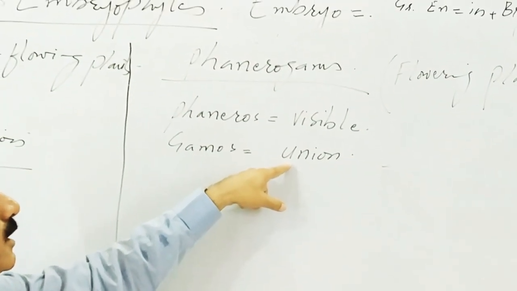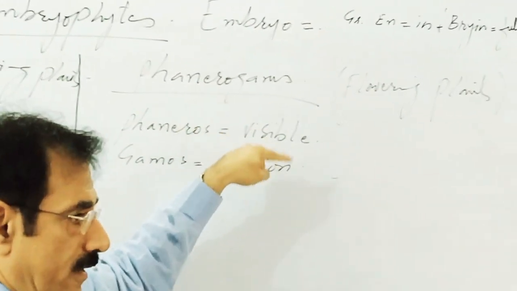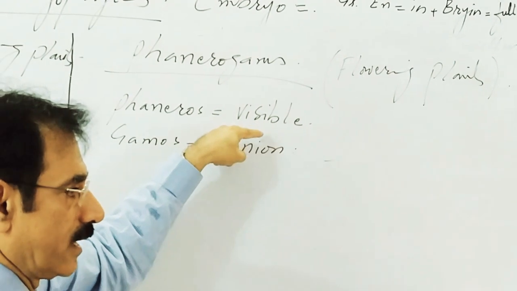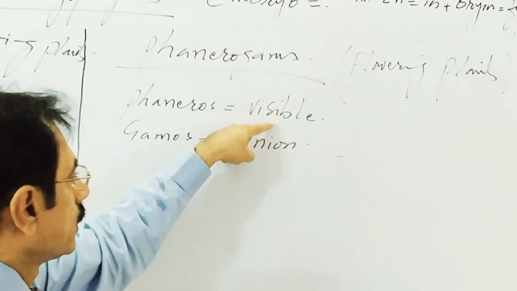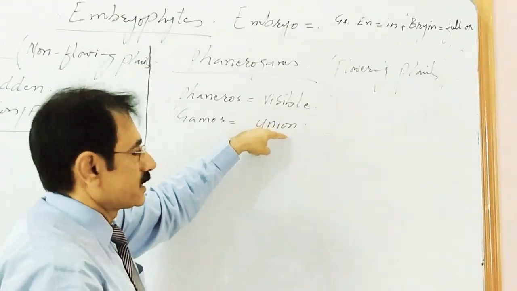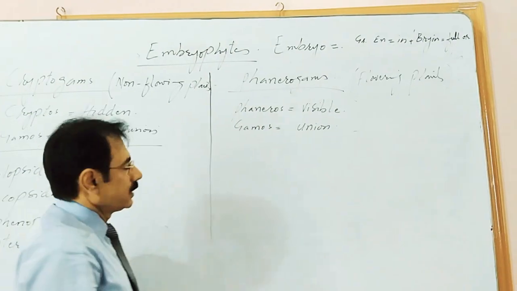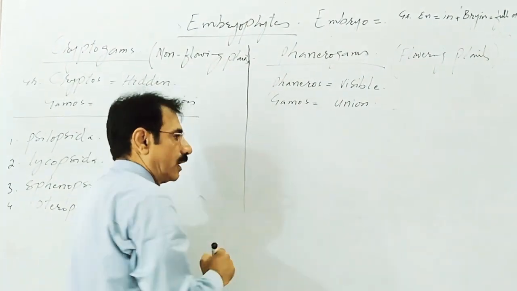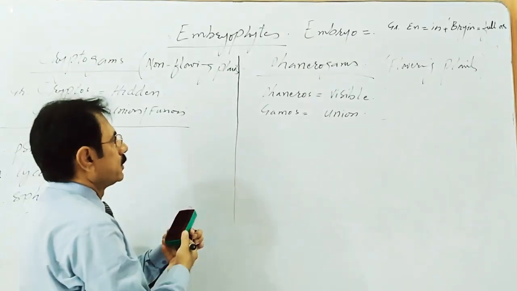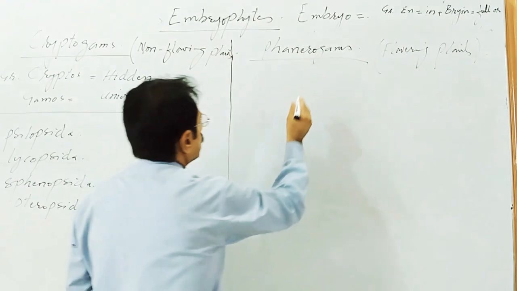Thus the word phanerogam means visible union of the gametes, and they are the flowering group of plants. The phanerogams are classified into two groups.